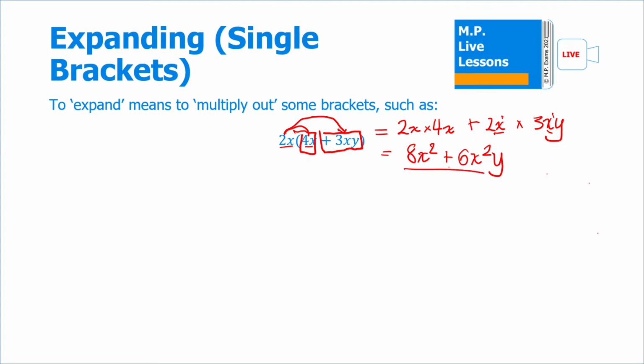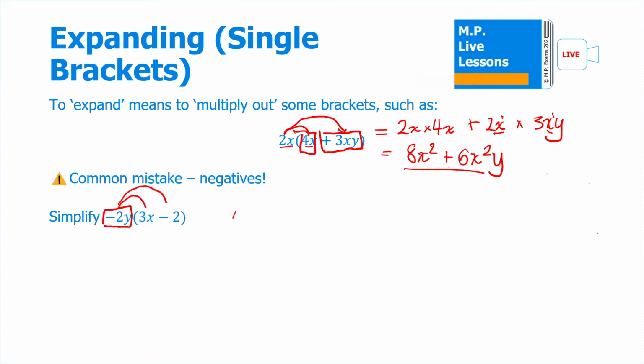That's our expanded bracket. Now, a common mistake you could make is with negatives. So if we simplify this, we have to pay attention to this -2 as well. This gets multiplied with everything inside. This gets us -2y times 3x. Then we also add -2y times -2.